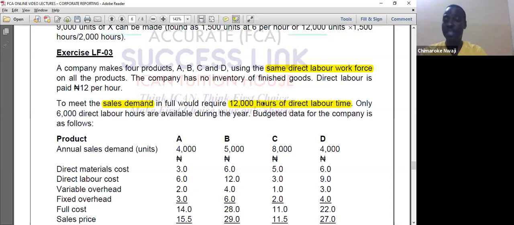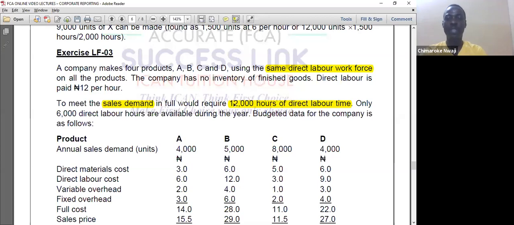So if they tell you this, they are trying to give you a hint again that labor hours is your limiting factor. They have said it, the first hint here, same direct labor. When you see the word same here, that all of them are using the same, this shows that it is likely to be scarce. It is very important, likely to be scarce.